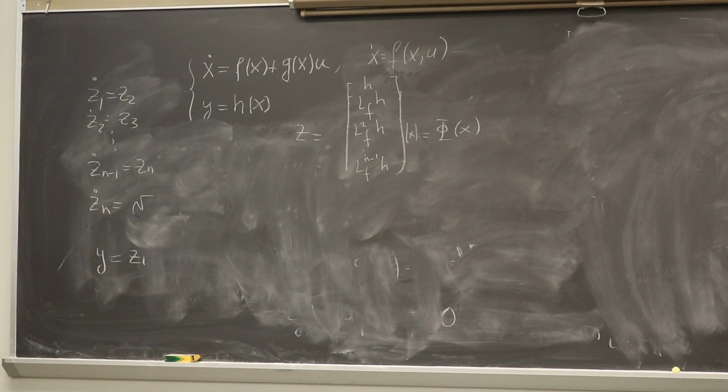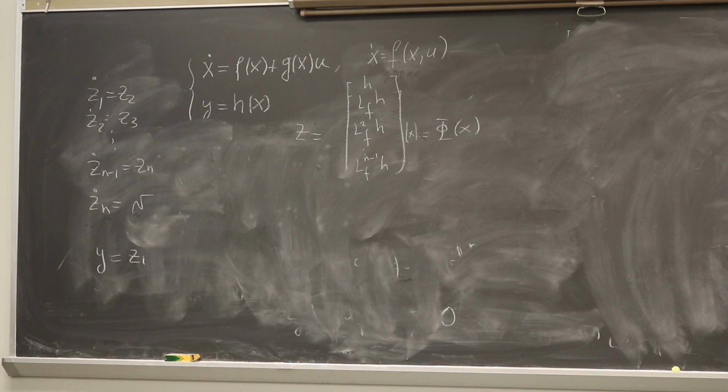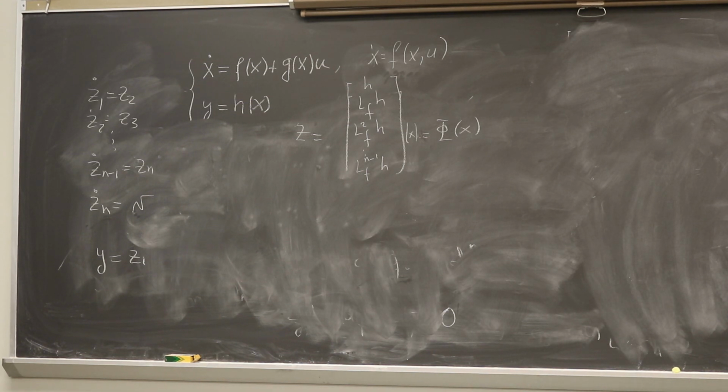So in the case of relative degree r, n minus r, those are the states that in a way are hidden, right? Yeah, it's the zero dynamics. So why is it called zero dynamics, not hidden dynamics? Because it's the same.